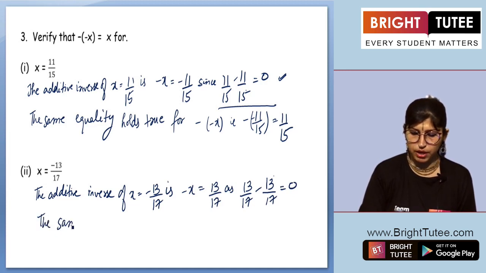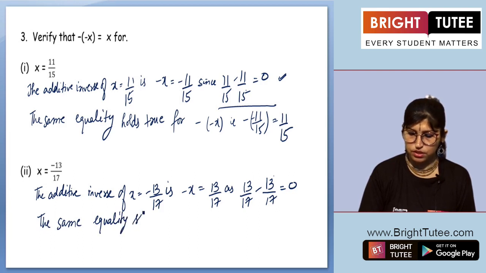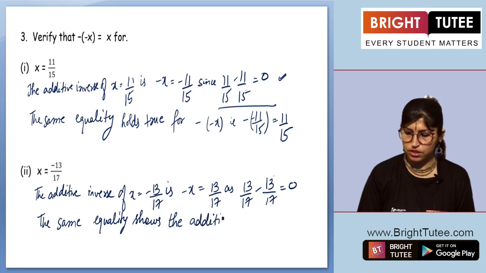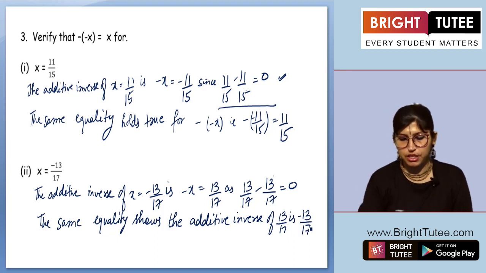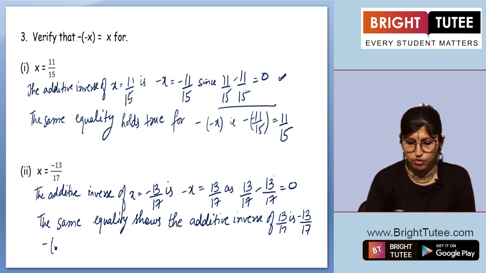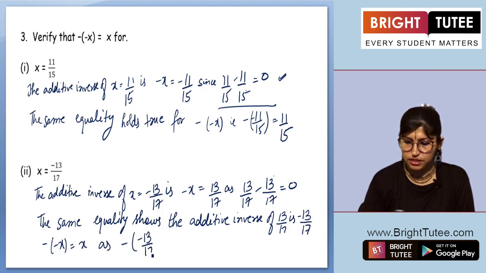Now the same equality shows the additive inverse of 13 by 17 is minus 13 by 17, which means minus of minus x will be x, as minus of minus 13 by 17.